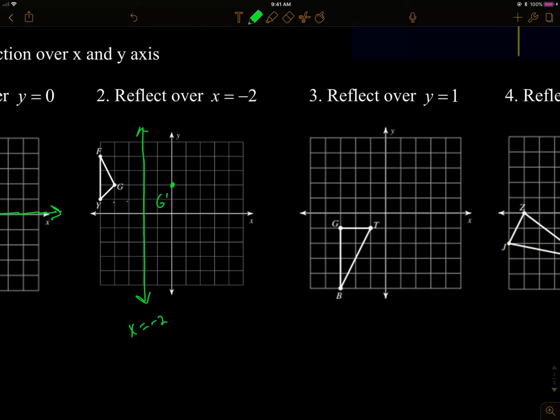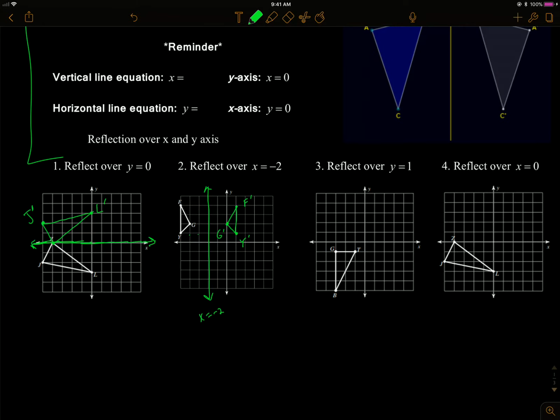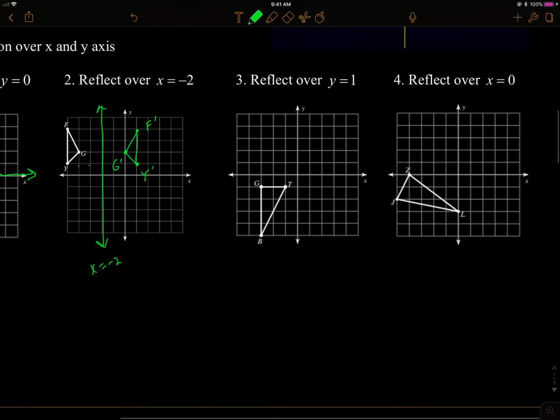Y is 3 units away, so Y prime will be 3 units away on the other side. F is also 3 units away from the line of reflection, so F prime will be 3 units away. And there's our reflected object over that line. Again, it's like if we flip it over the line.